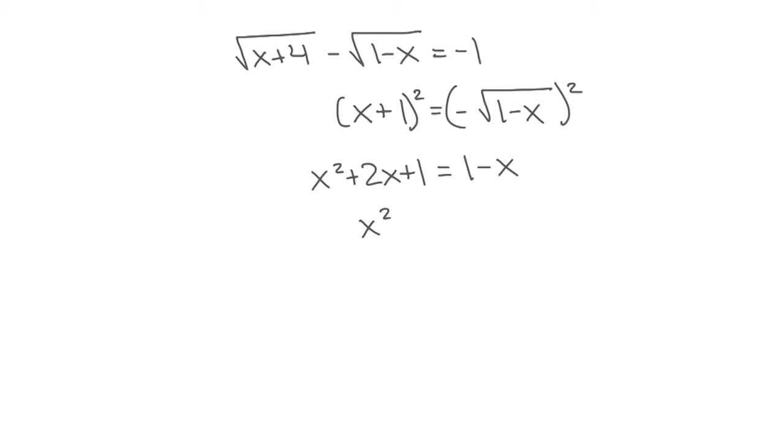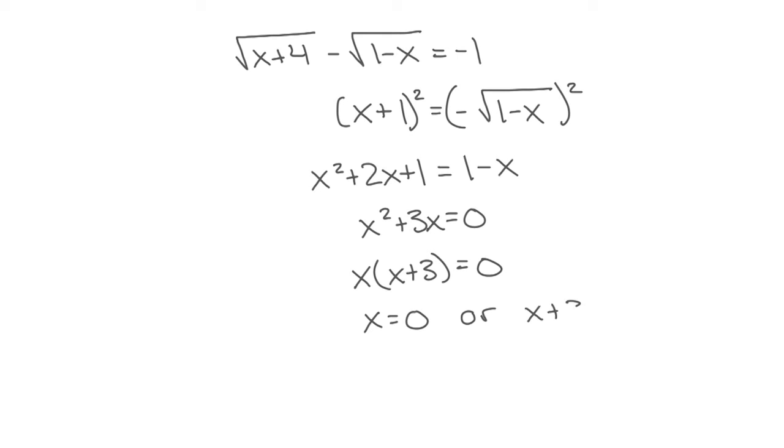We have x squared plus 3x is equal to 0. Factoring the greatest common factor from the left side, we have x times x plus 3 is equal to 0. So by the zero factor property, we know that x equals 0 or x plus 3 equals 0. And thus x equals 0 or x equals -3.